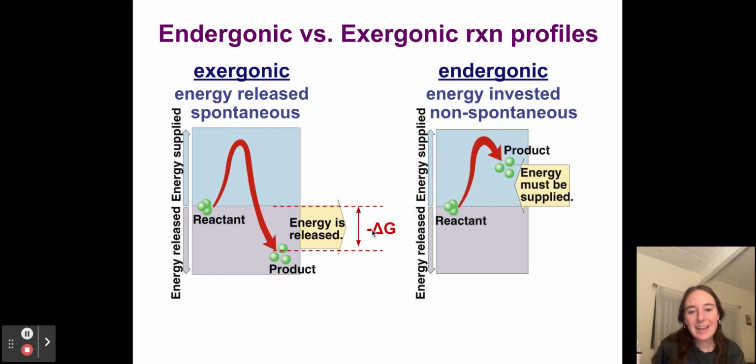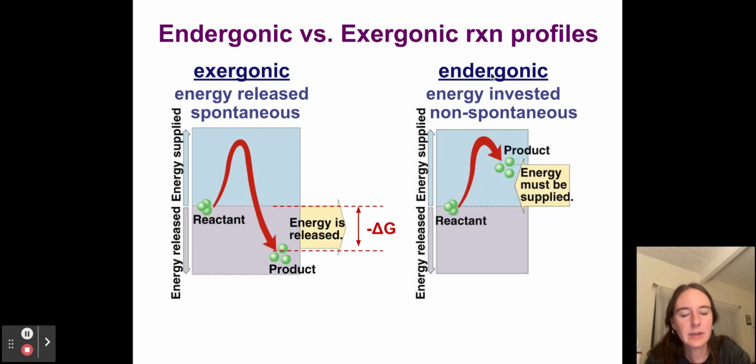We call that negative because we started off at this baseline, and now we're releasing energy, so we have a net loss of energy, a loss of Gibbs free energy. The change is overall negative. The starting amount of energy minus the final amount of energy is negative. So if we started at 0 and ended at less energy, we get a negative number.